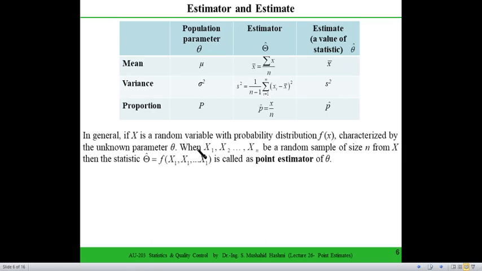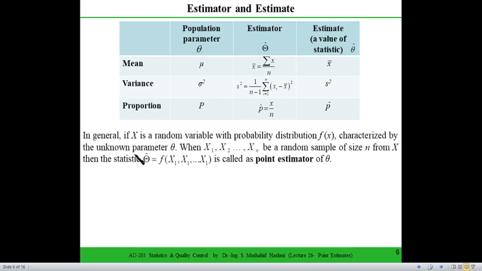Let's say x1, x2, up to xn is your random sample of size n from the population x, and the statistic theta cap is some function of the random variables x1, x2, up to xn. This will be called the point estimator of that parameter theta. So whenever you talk about estimators, we always put a cap on that.